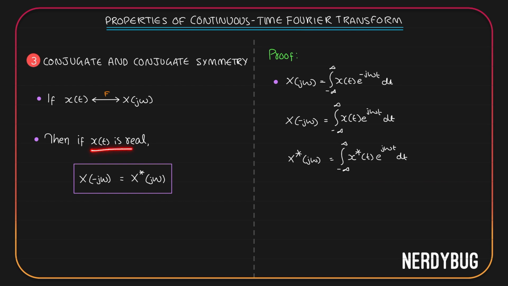But we have a condition here, x of t is real. So x of t and x conjugate of t are equal. So this is simply integral from minus infinity to infinity x of t e raised to j omega t dt. Now, if you take a look at these two equations, you can see they are the same, which means X of minus j omega is equal to X conjugate of j omega. And this is called conjugate symmetry.